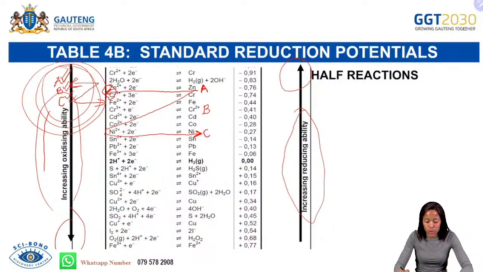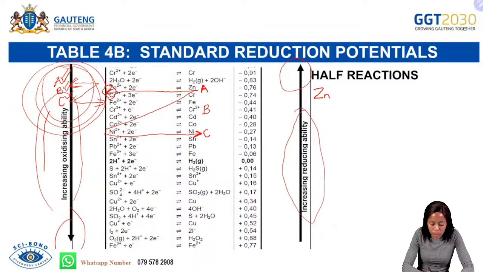So remember, for you to practice, you need to make sure that you have your own table 4B, okay? So now, what do we have on the left-hand side? We have Zn. So we write it exactly as it is. So we have Zn, but our arrow is pointing to the left, and it basically means that we need to point at everything that we have there on the left-hand side.